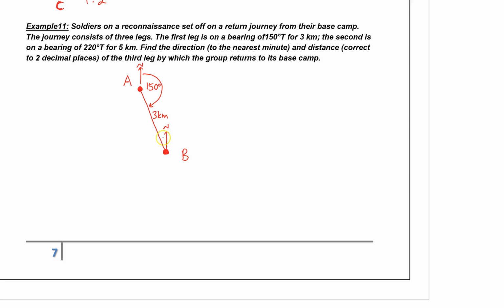Okay, there's point B. Now it's 220 around there. That means that I've got 30 plus 220 is 250. Altogether it's got to add up to 360. So that means that I have 110 degrees in here. Okay, there's B.